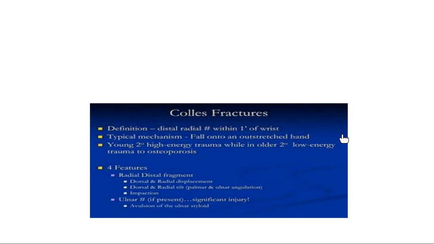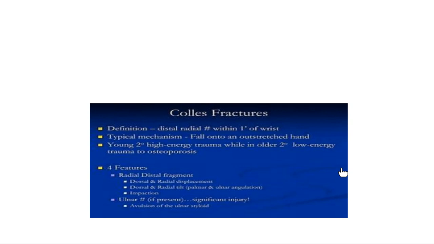Now, the classic features, it occurs in the distal radius, and the distal fragment is dorsally displaced and radially displaced as well. And you have what we call impaction.